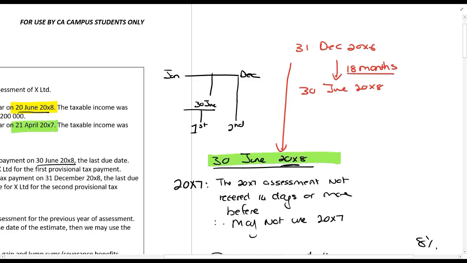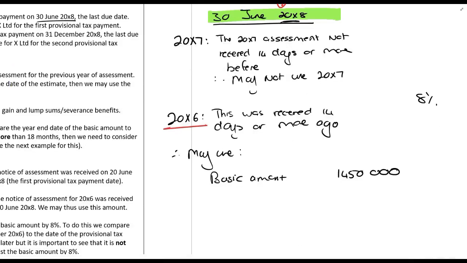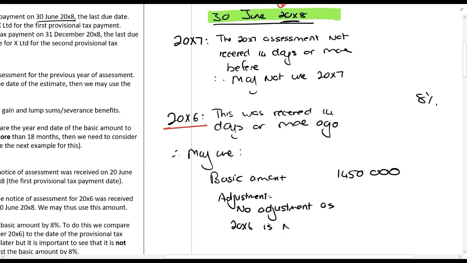It's 18 months. If it is 18 months, so I'm going to make the comment here, adjustment. There's no adjustment as 20X6 is not more than 18 months ago. It must be more, not exactly.